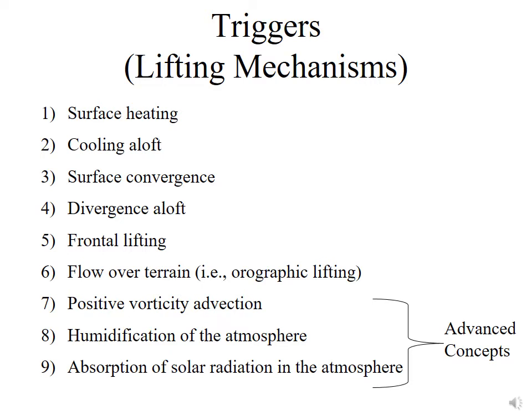Recall that an air parcel of the same temperature, a dry one versus a moist one, have different buoyancies because they have different densities. And then absorption of solar radiation in the atmosphere can also lift air parcels. If you happen to have a layer that absorbs solar radiation, it can heat that layer, which can cause local instability and convection at those locations. So let's look at these individually.